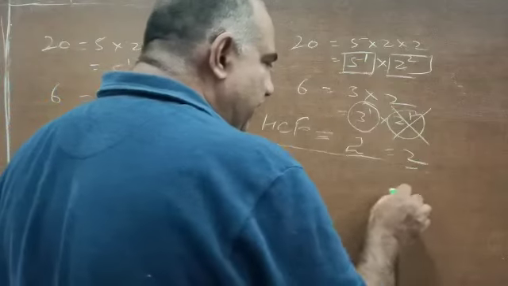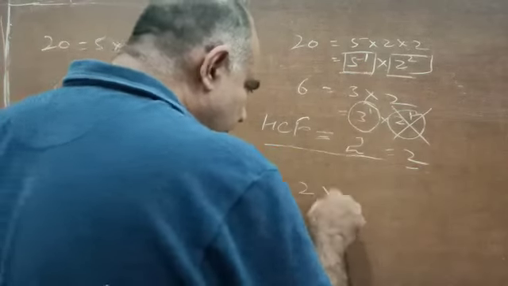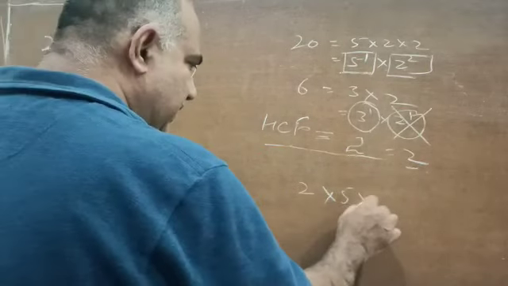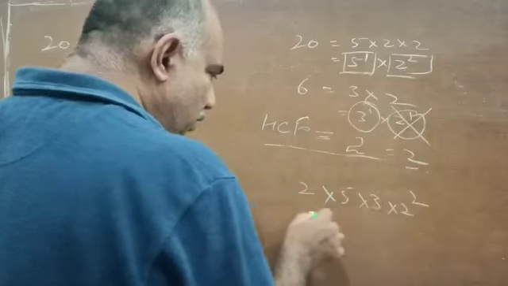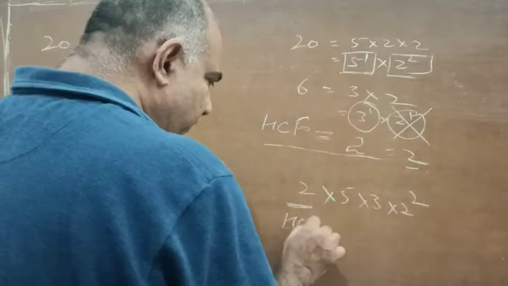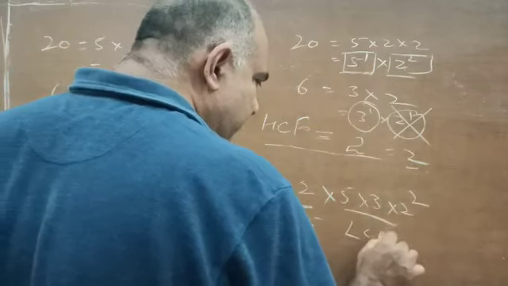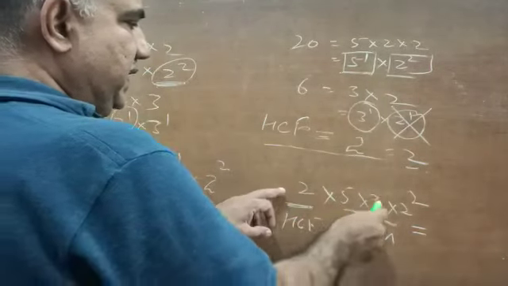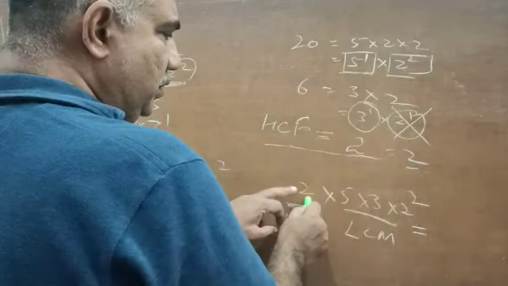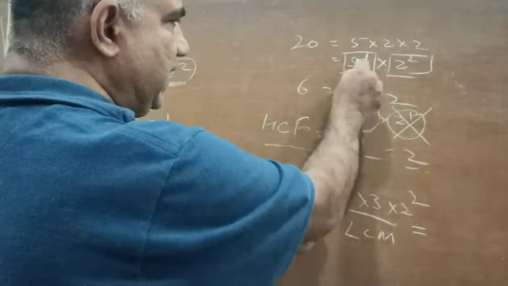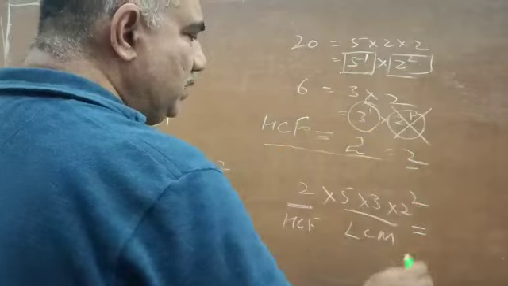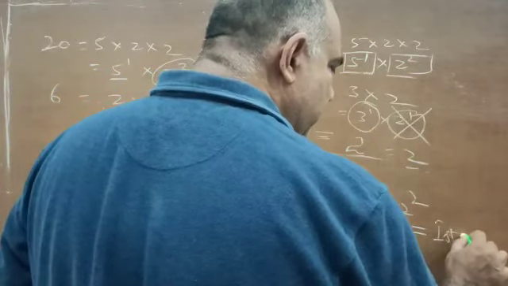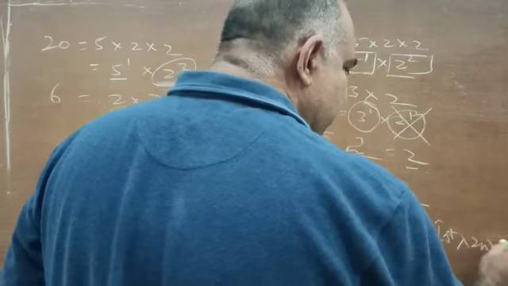So if you multiply this number 2, and then multiply by 5 raised to power 1 and then 3 and 2 raised to power 2, so this was HCF and this is LCM, and this is undoubtedly equal to, see, factors of 6 are 3 and 2, and factors of 20 are 5 and 2 raised to power 2, that means that will be equal to the product of first number into second number.